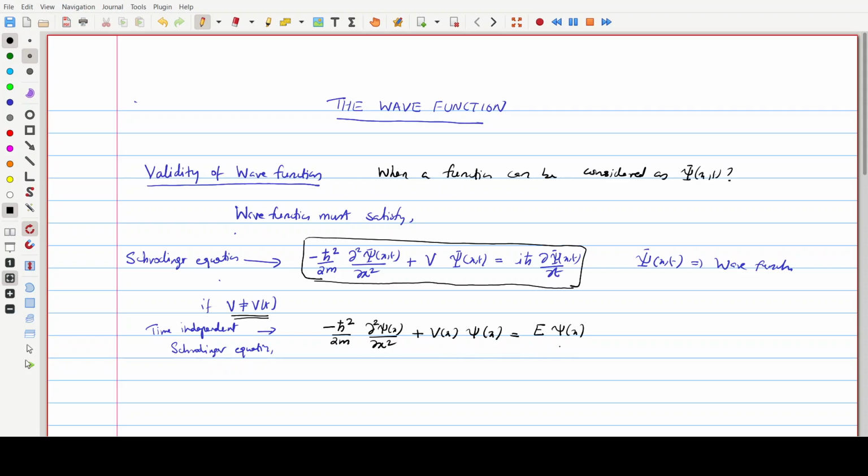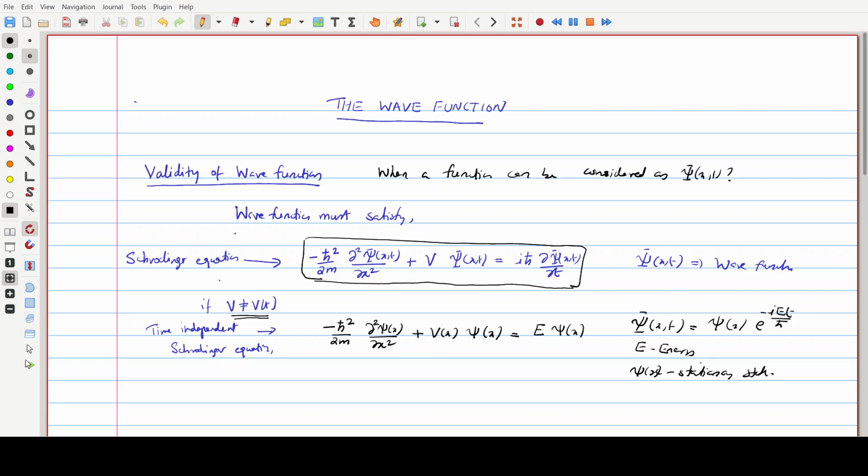So the right side simply becomes E ψ(x). And ψ(x,t) is ψ(x) e raised to minus iEt by h bar, where E is the energy. ψ(x) is usually called the energy eigenstate or stationary state.